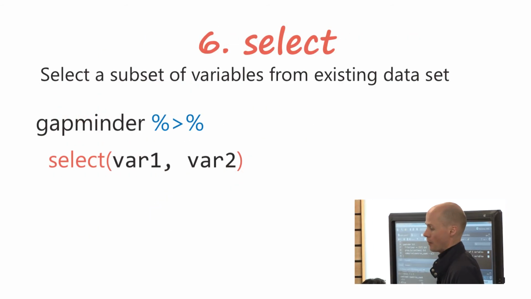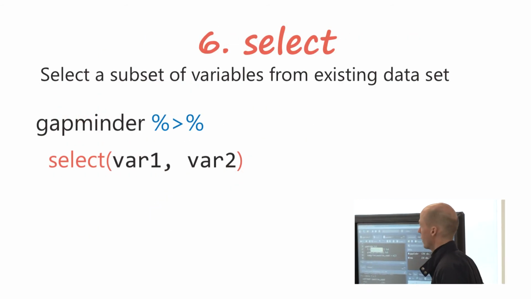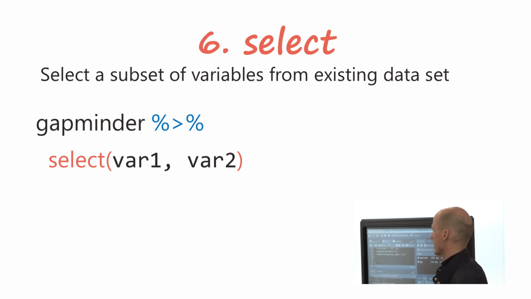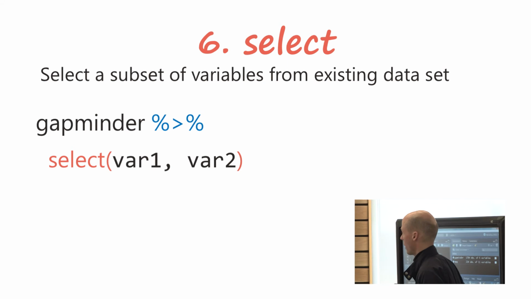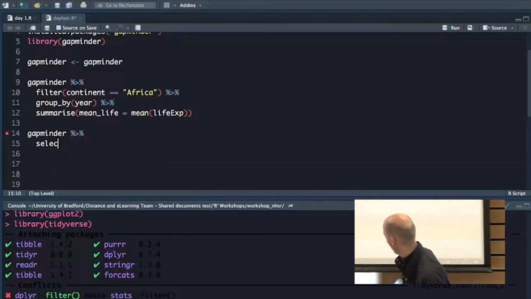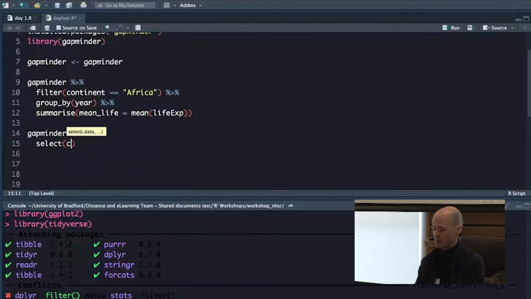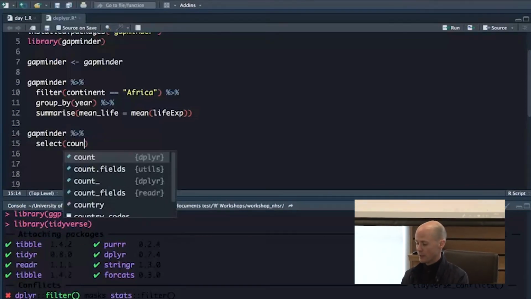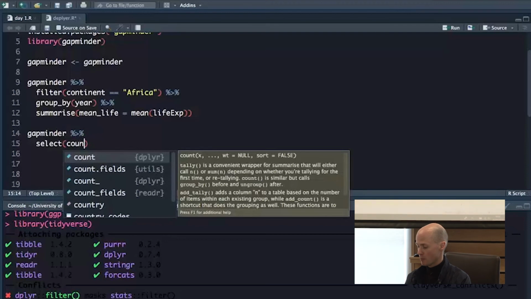Selecting the variables that we want, so the columns that we want in the data frame, we just select. So we could do, I haven't given specific examples, but we could do gapminder, then select country, and select pop.